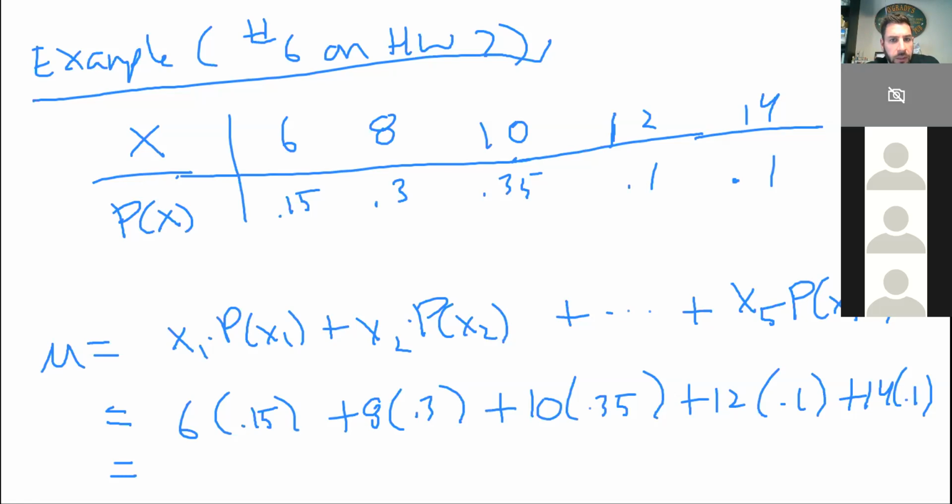If you plug this into a calculator correctly, I think I did, what you get is 9.4. So the way we might interpret that is that on any given day, we're going to see approximately 9.4 people show up.